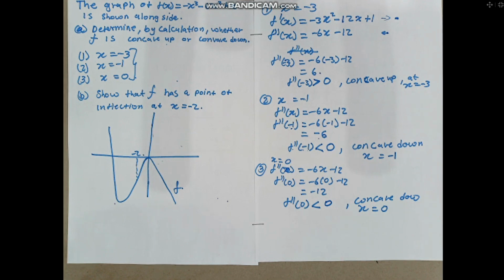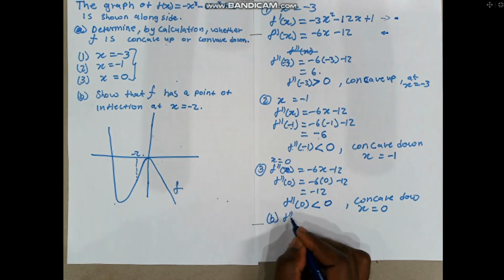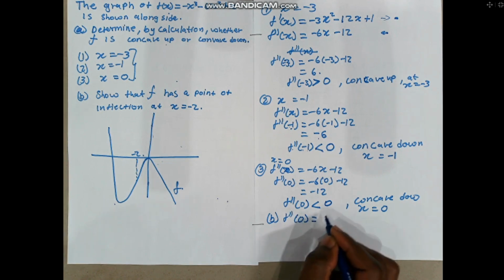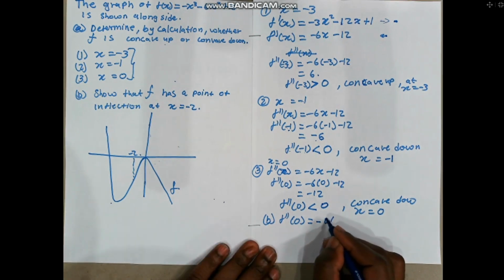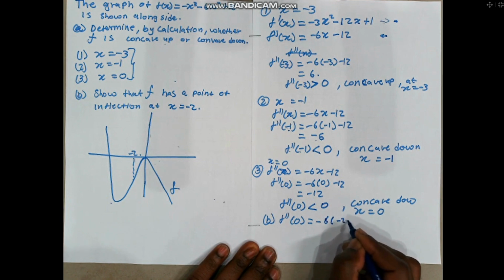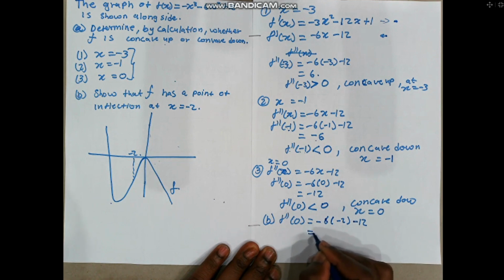So B, point of inflection: the second derivative at x is equal to -2 is equal to -6 times -2 minus 12, which is equal to 0.